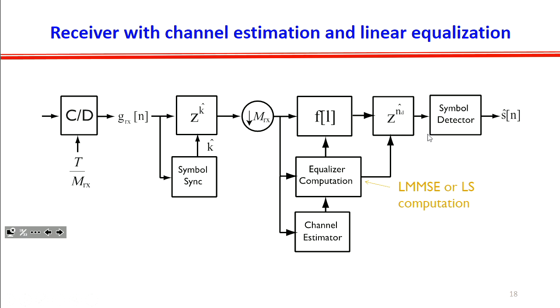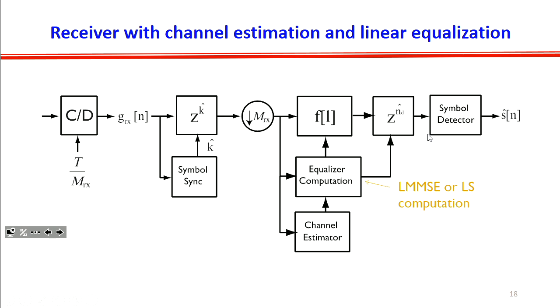What will ND depend on? Yes, the delay of the equalizer. ND is equal to LF plus 1, basically. LF is the filter order, and an estimate of the transmit signal is produced with a certain delay, ND.